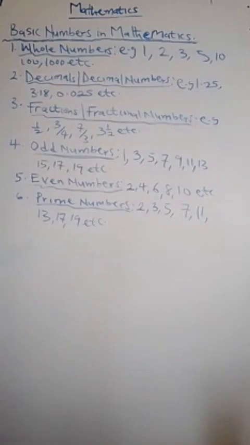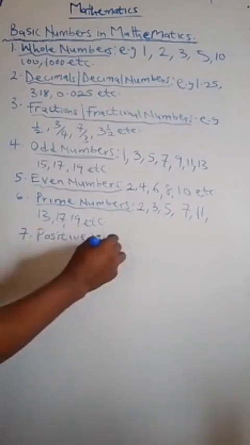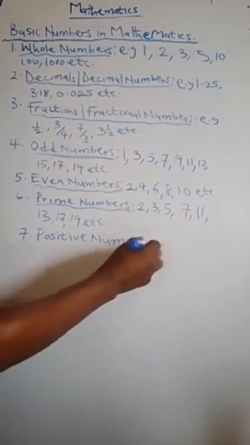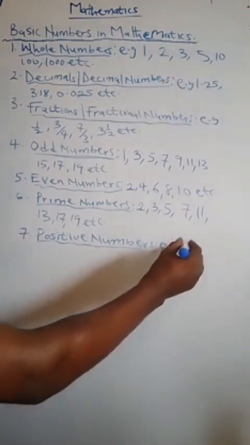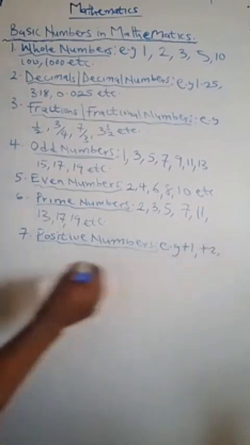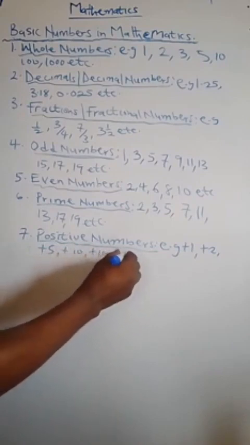In mathematics, we also have positive numbers. A positive number is a number that has a plus sign before it. Let me take it again. A positive number is a number that has a plus sign before it. E.g., +1, +2, +5, +10, +100, and many more.